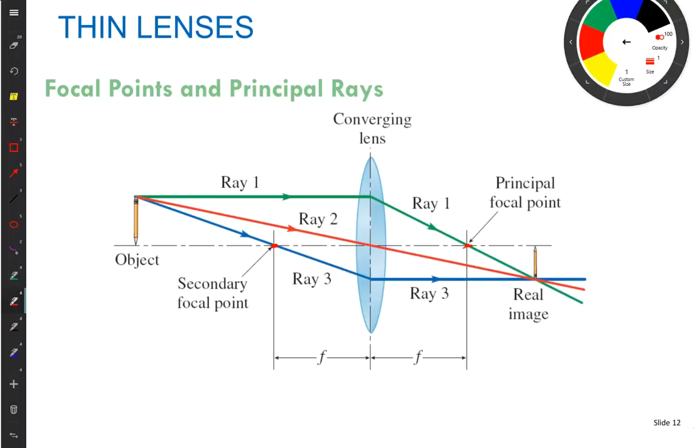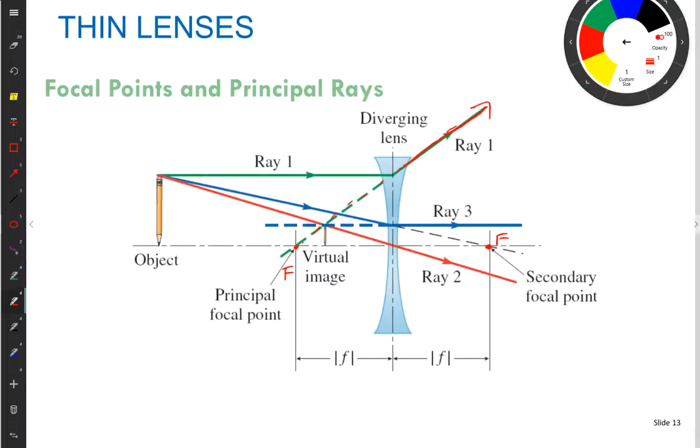And so here I would have had F and F prime. And here it would be reversed. The object side has its focal point associated with it over there, and the image side over here. So it goes toward there. You can see the extrapolated line here is going through that focal point, and then it comes out parallel.